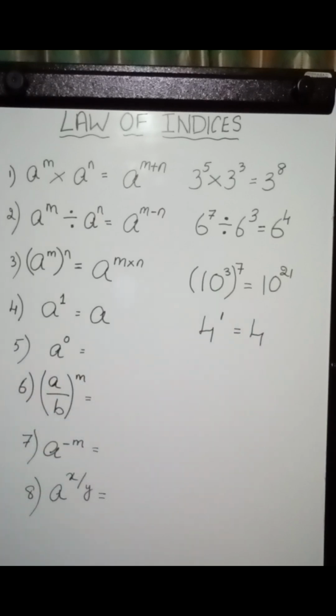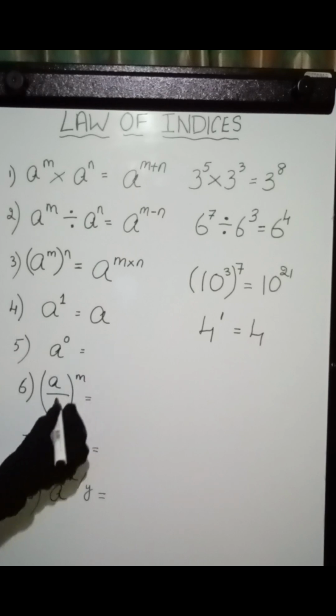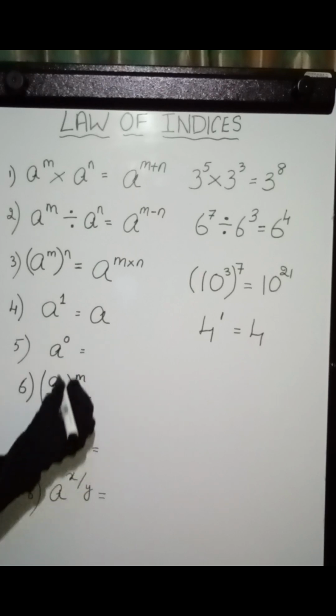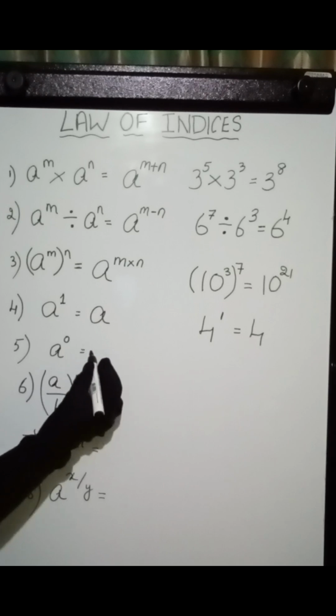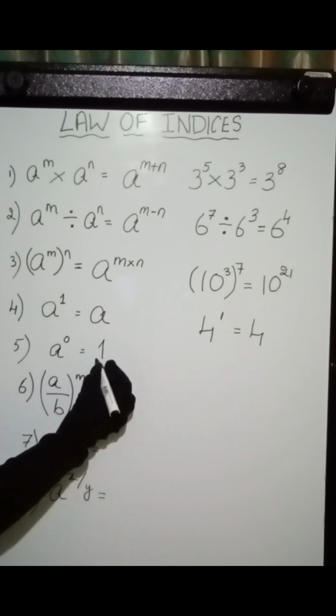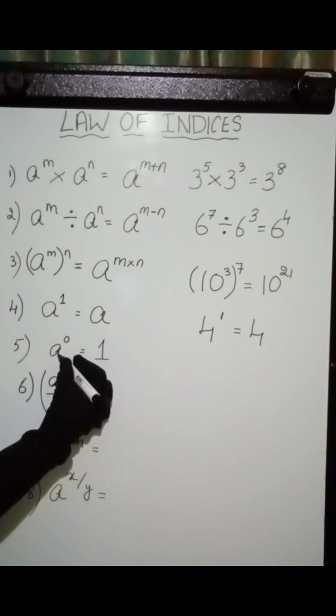The next one: whenever you have a base number to the power of 0, this will always be equal to 1, irrespective of whether a is 2 or 100 or 1000, whatever.